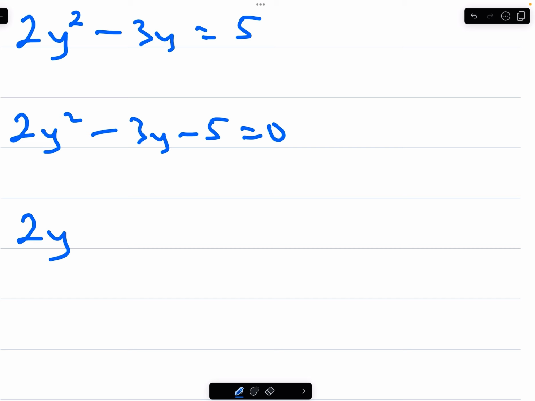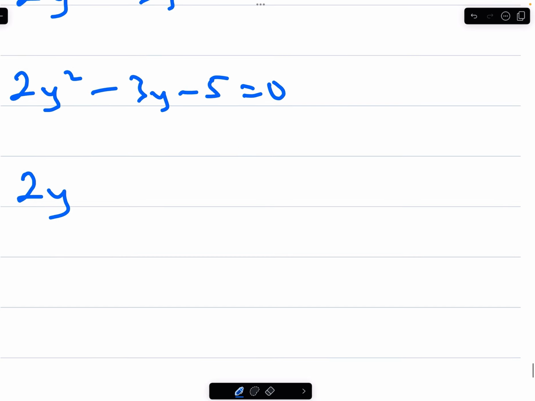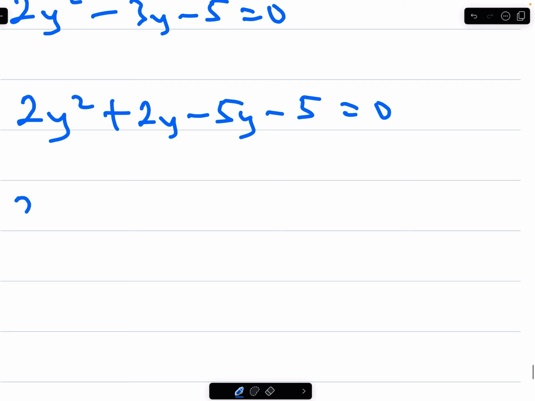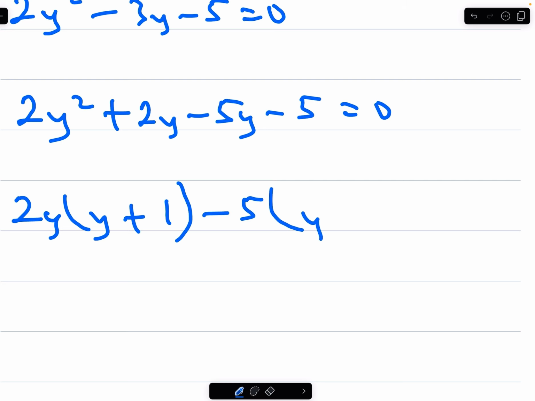Now solving this equation by the factorization method, I have 2y squared plus 2y minus 5y minus 5, because you have to be careful not to make any mistake when you factorize. This is simply the same as 2y into bracket y plus 1 minus 5 into bracket y plus 1 equals 0.